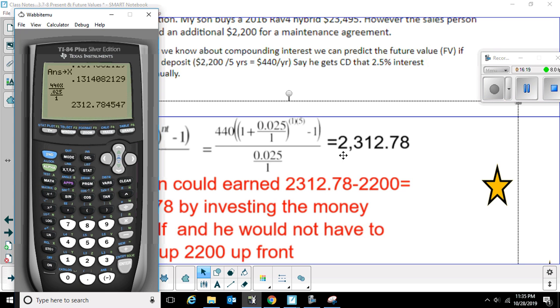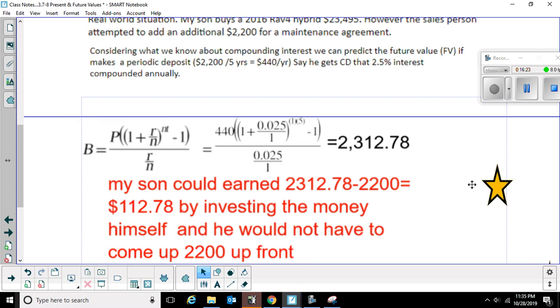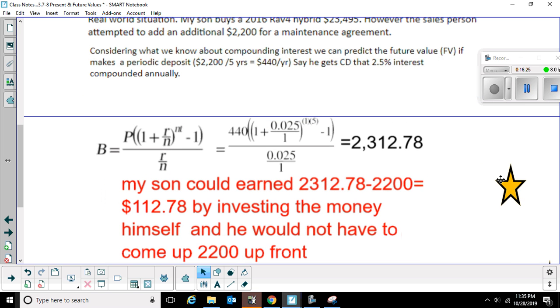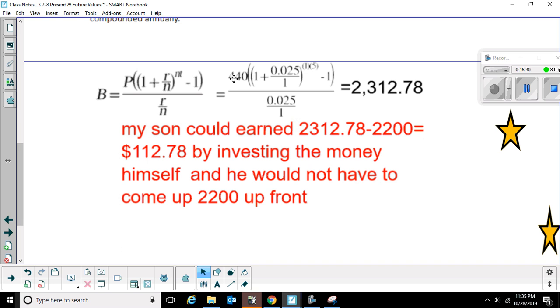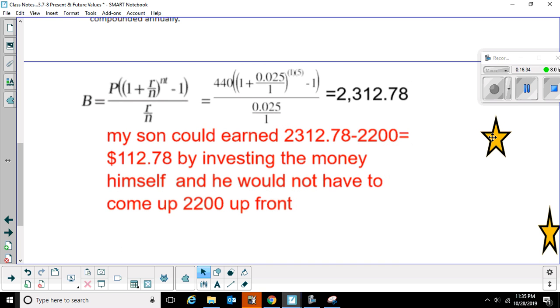Okay, that's what I expected. $2,312.78 is the value that we would be looking at if we just put that same $2,200 into a nice CD. And the best part, and this is what I would emphasize, is not only am I making that money up in interest, instead of me fronting $2,200, I'm only starting with 440.